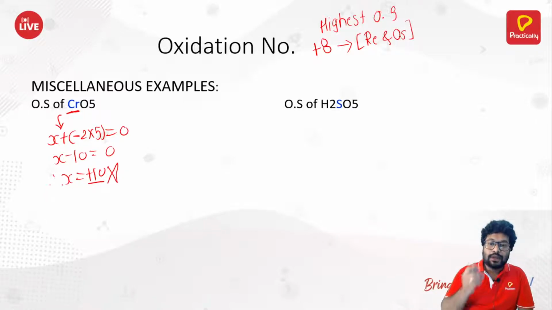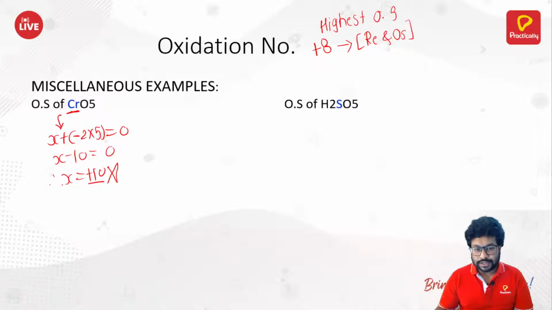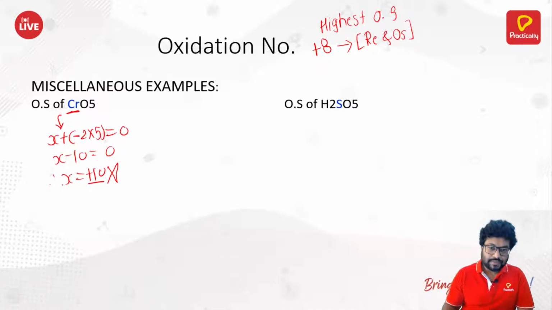These are the only two elements which show plus 8 oxidation state. No other element shows this higher oxidation state. So that means the oxidation state of chromium is not plus 10. Then what is the catch here? See, let me show you. For this, you should know the structure. Now, this is obviously an exception. The structure of CrO5 is this. Oxygen, oxygen.